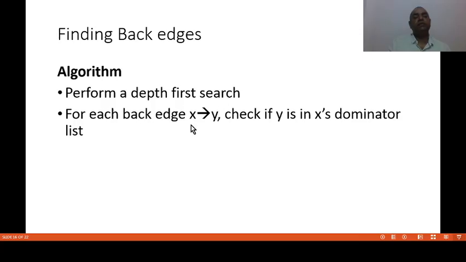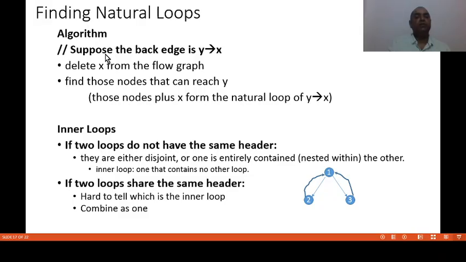For each edge X derives to Y, that means there is an edge from X to Y. Check if Y is in X's dominator list, then that will be a back edge. Finding the natural loop: suppose the back edge is Y to X. Delete X from the flow graph. Find those nodes that can reach Y. Those nodes plus X form the natural loop of Y to X.